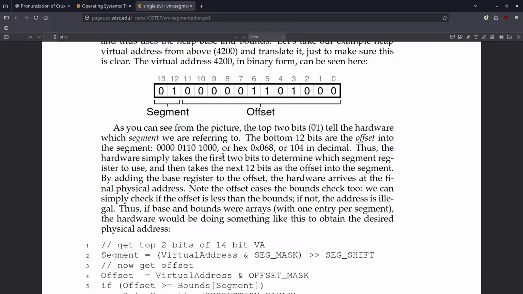As you can see from the picture, the top 2 bits tell the hardware which segment we are referring to. The bottom 12 bits are the offset into the segment. Thus the hardware simply takes the first 2 bits to determine which segment register to use, and then takes the next 12 bits as the offset into the segment.